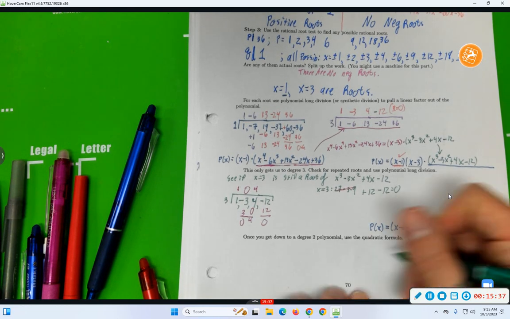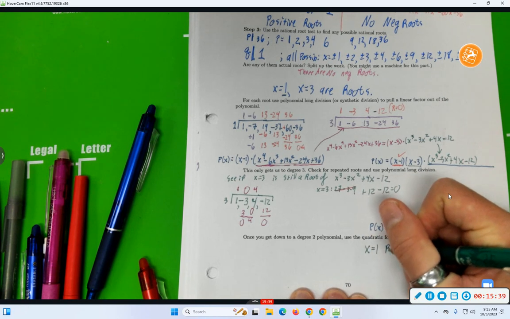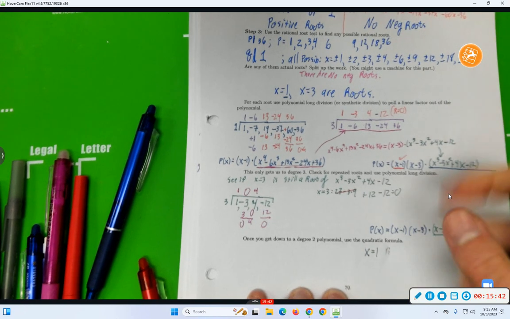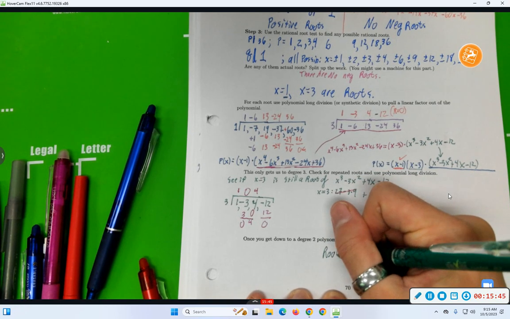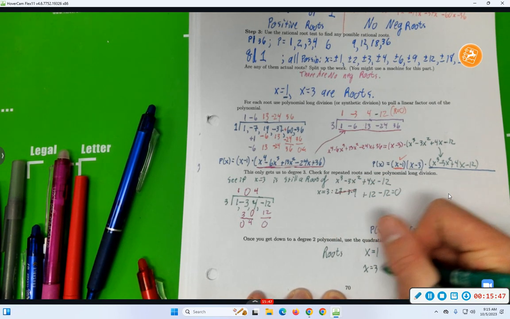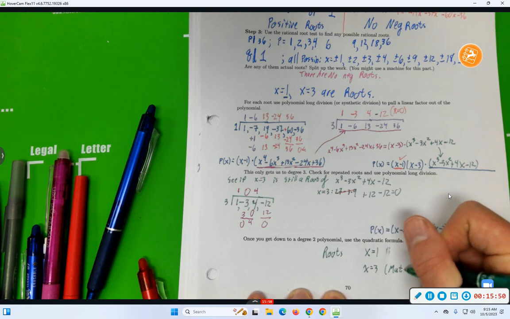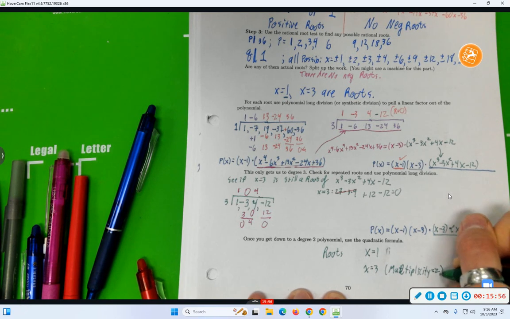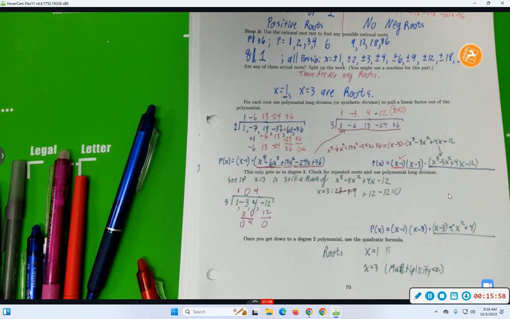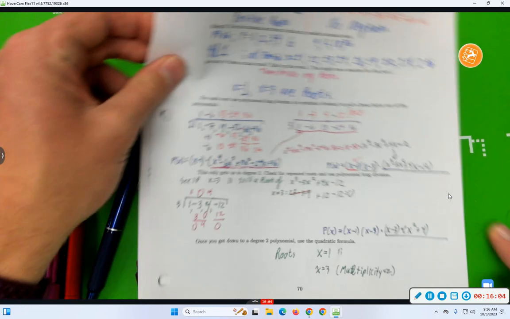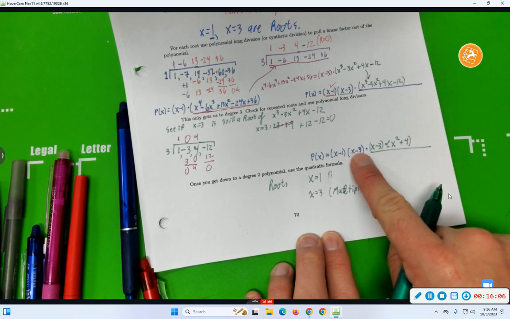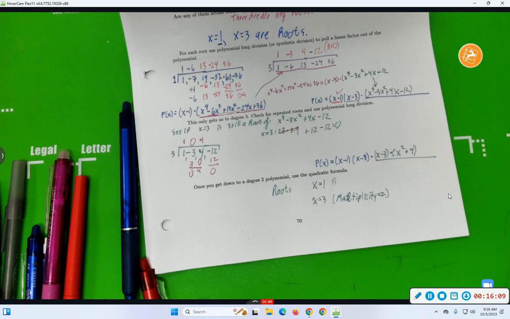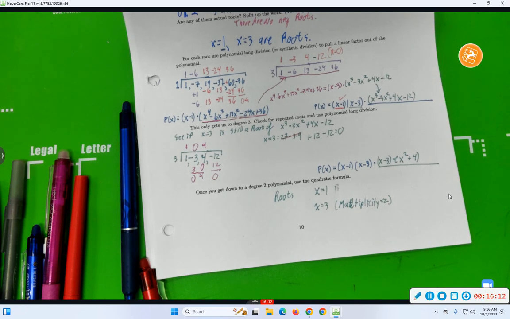So, I know that x equals 1 is a root. I know that x equals 3 is a root, and it's a root of multiplicity 2. The problem doesn't ask for the multiplicities of the roots, but that's okay, we can find the multiplicities anyway. So that's from the x minus 1, the x minus 3, and the x minus 3. x squared plus 4, what are the solutions to that? Sorry, x squared plus 4. I think I may have said minus.